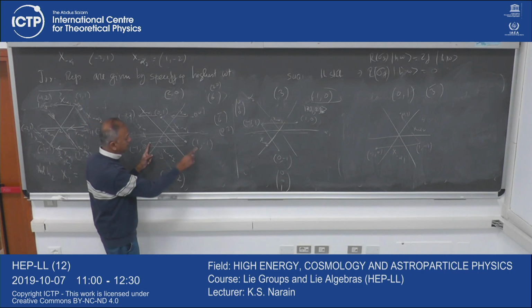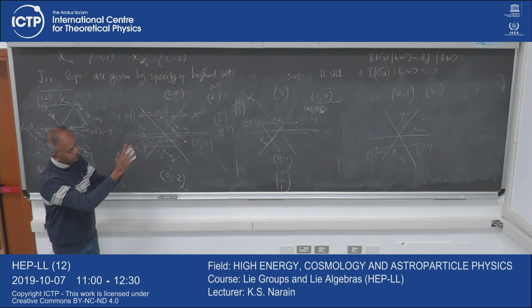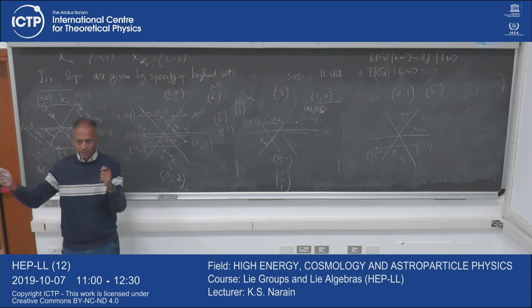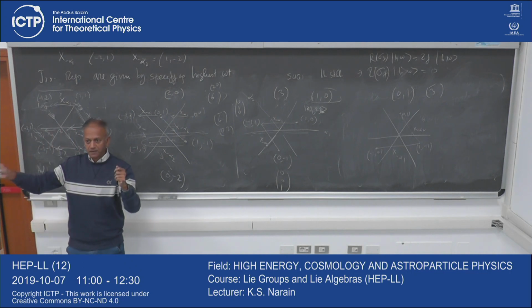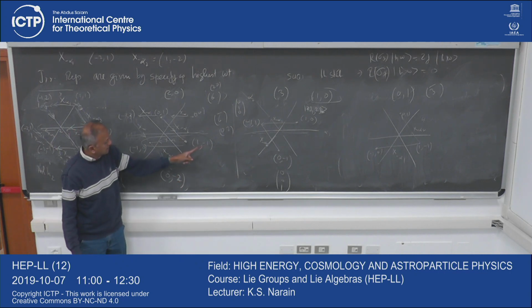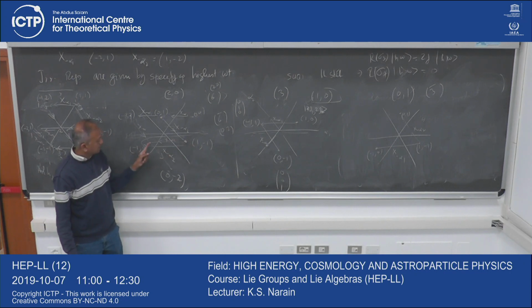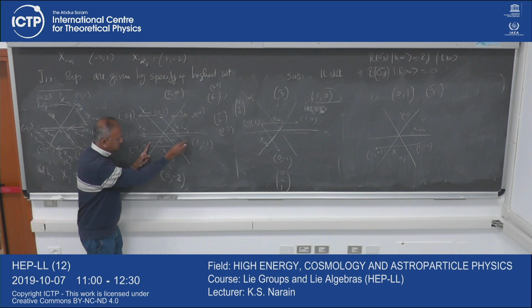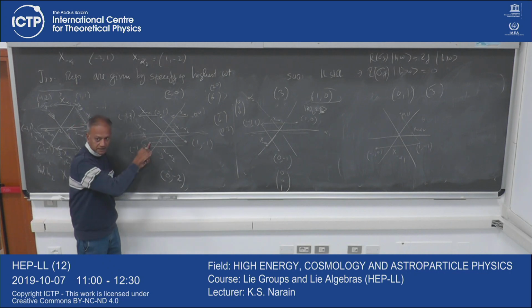So on any irreducible representation of SU2, you know that the number of states for plus n quantum number must be the same as minus n quantum number, right? That is always the case. Now here I have a plus 1 quantum number. There is one state here. So this is that SU2 representation, right? This must have the same number of states.